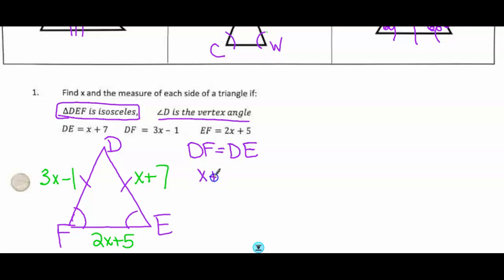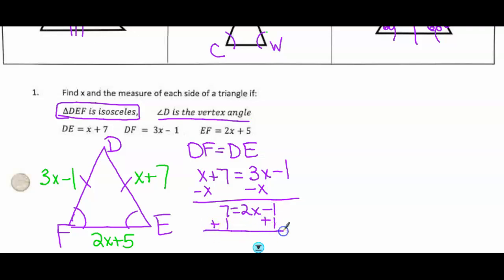So we'll set x plus 7, and I flip-flopped them, sorry, equal to 3x minus 1. We will solve for x. 7 is 2x minus 1. And remember, you can always pause these, try them, and then go and see if you have them correct. When we divide, we get 4 is x.